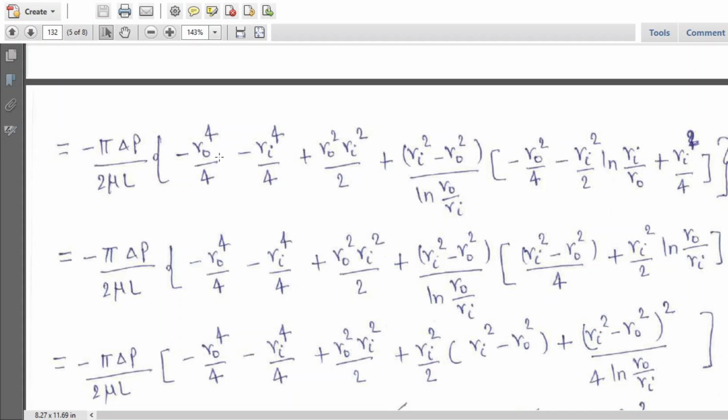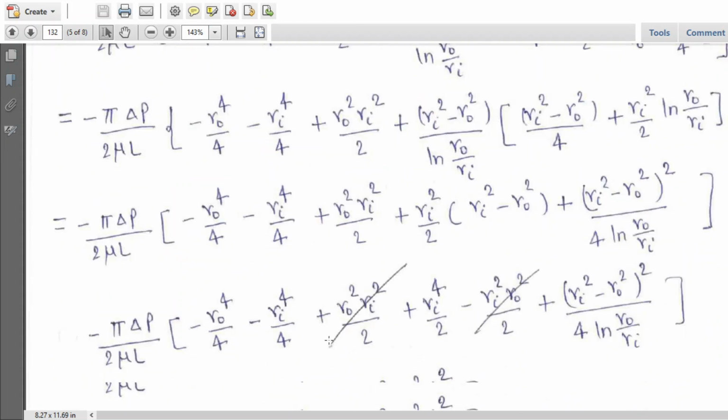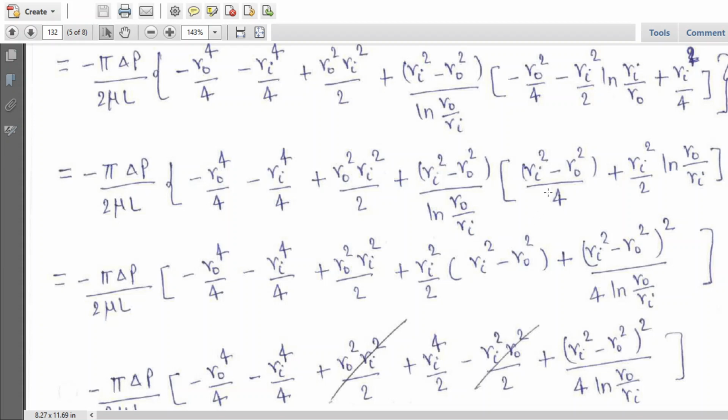You have all 4 terms here, combined, and this was taken common. Inside the bracket comes r0 square by 4 minus r0 ri square by 2 ln ri upon r0 plus ri square by 4. This again we can write in this particular format.